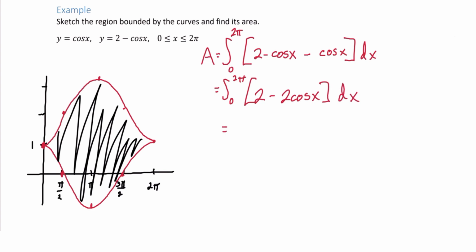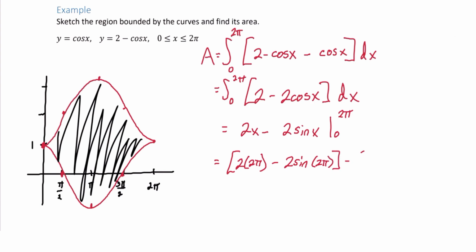And now we can integrate. This will give us 2x minus 2 sine x from 0 to 2 pi. Now, evaluating that, we'll plug in the upper limit, 2 times 2 pi minus 2 sine of 2 pi, and then we'll plug in the lower limit, 2 times 0 minus 2 sine of 0.